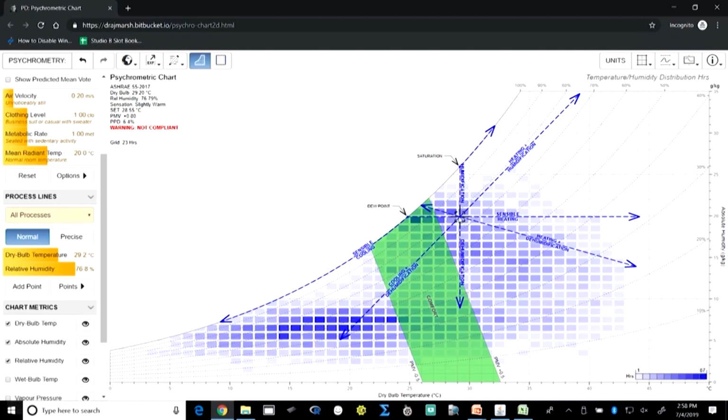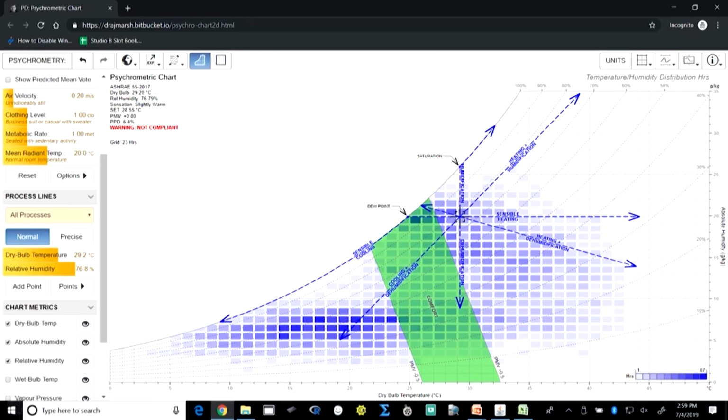Now, how much do I have to dehumidify? We are looking at a relative humidity of around 75-76% here, and to bring it to the comfort zone, I have to dehumidify by around 30%. So, I have to bring it down to around 50% to bring it within the comfort zone.